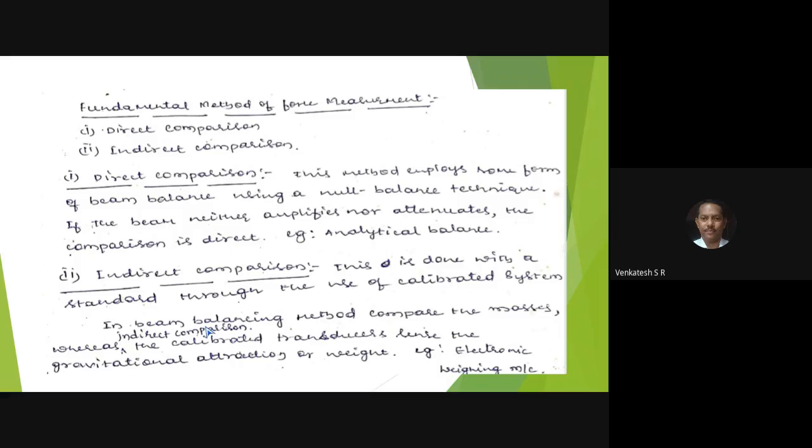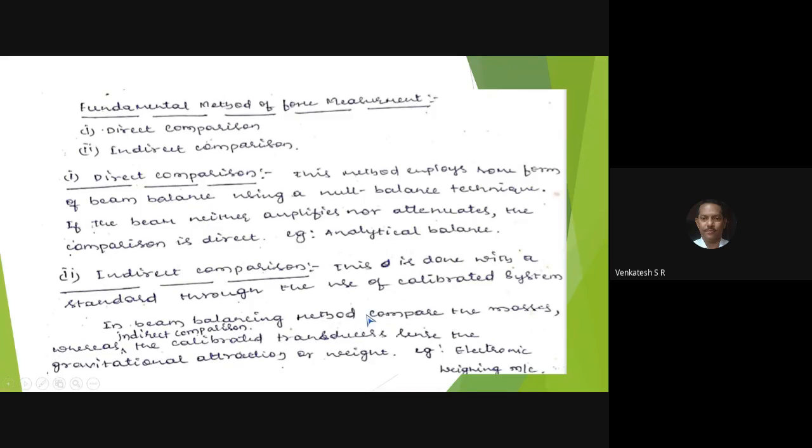The 1 kg exerts a force on the platform. The platform is connected to sensors, which have strain gauges, so electrical resistance strain gauges are connected to the platform. Due to the force of the sugar, there is a change in resistance. That resistance is measured in terms of kgs or grams.